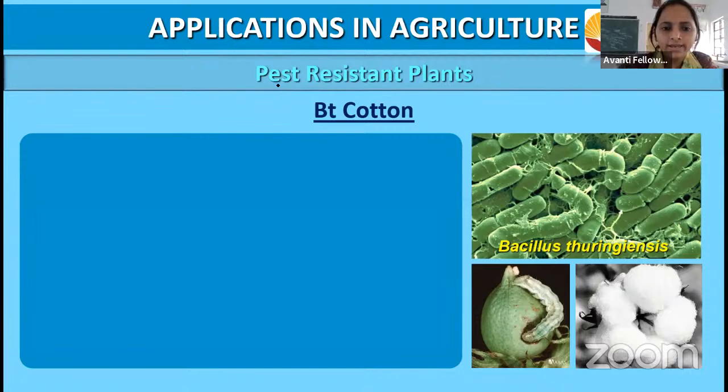Here in the pest resistant, you can take an example of BT cotton. Can you tell me, students, what do you mean by BT cotton? The full form of BT is Bacillus thuringiensis.